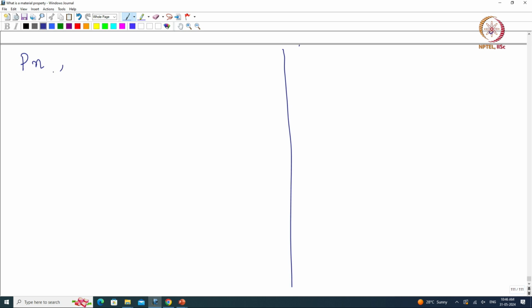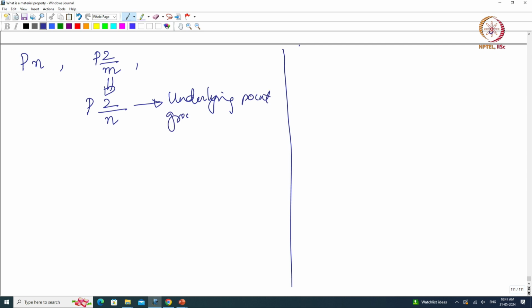If the symmorphic space group is 2/M, the non-symmorphic space group is 2/N, whereas the underlying point group here is still 2/M. For both of these the underlying point group is 2/M. For Pn the underlying point group, UPG, is M, so it is just a mirror. This is in the monoclinic system.